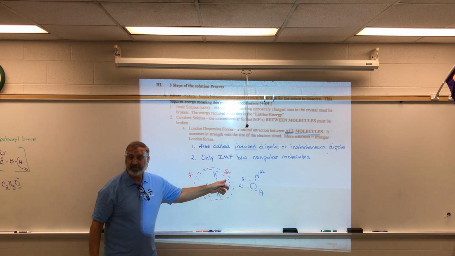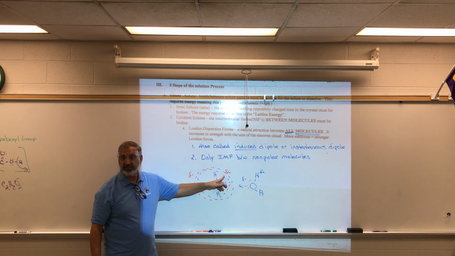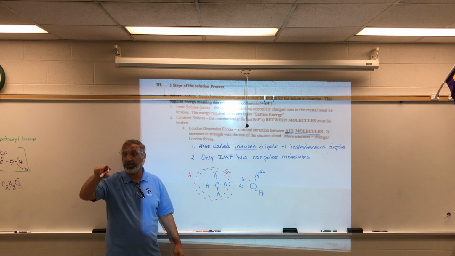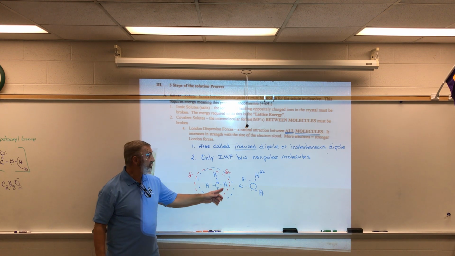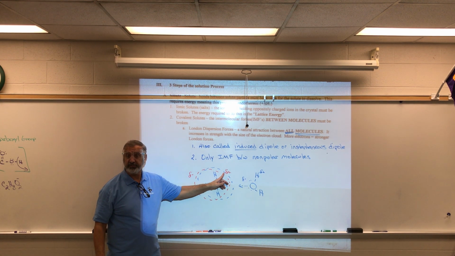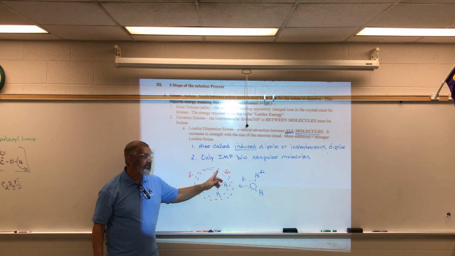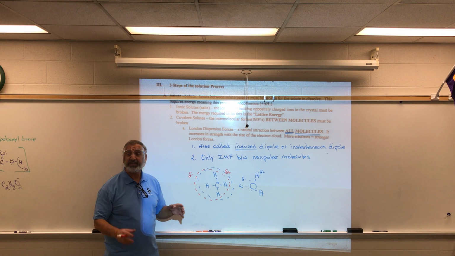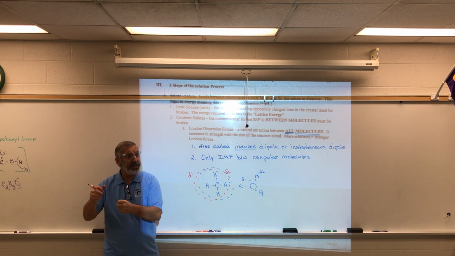Does anybody remember, I talked about this on the video, but what is that? This is a Greek letter delta. What does it mean? Capital, the triangle means change. This is like your integral symbol is what it's supposed to look like from calculus. Okay? It means partial positive and partial negative. If it was an ion, a complete transfer, we'd write positive and negative.